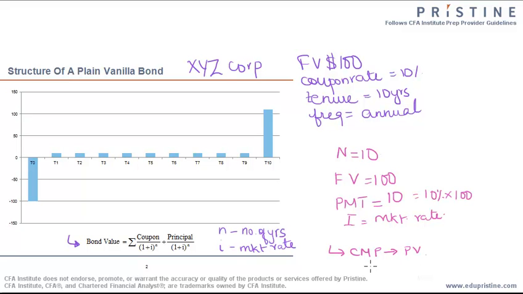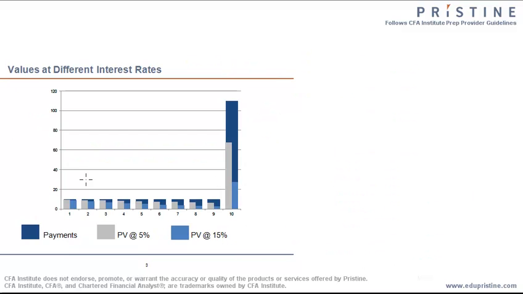Let's try to understand how the value of this bond would change at different interest rates. The same bond is shown in dark blue. The total dollar value of these payments would be 10 years times $10 for each coupon, plus $100 face value, which is basically equal to $200.